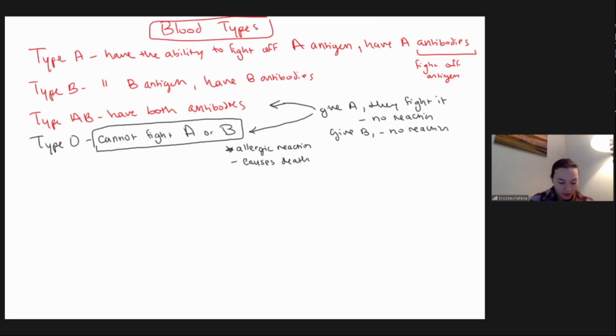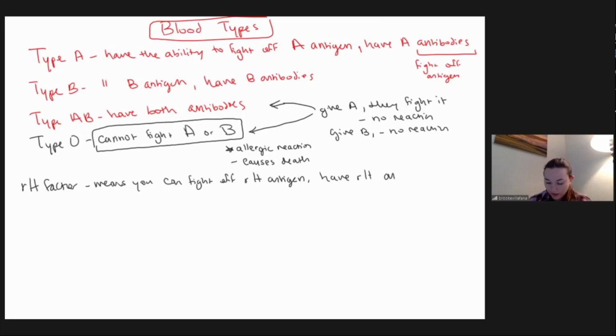Now there's also something called the Rh factor. The Rh factor means you can fight off the Rh antigen. So what this means is you have Rh antibodies. If you have the Rh factor, you're considered positive, so you have the ability to fight, you have the antibodies. If you're negative, you do not have antibodies.